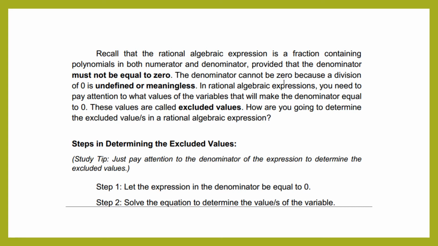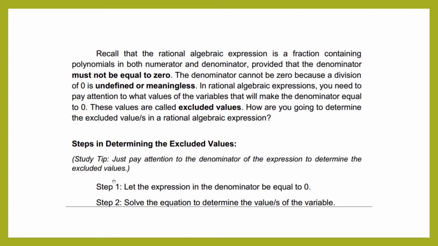In rational algebraic expressions, you need to pay attention to what values of the variables will make the denominator equal to 0. So, these values are called excluded. When we say excluded, hindi siya kasali. How are you going to determine the excluded values in a rational algebraic expression?